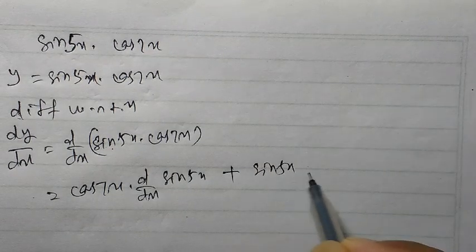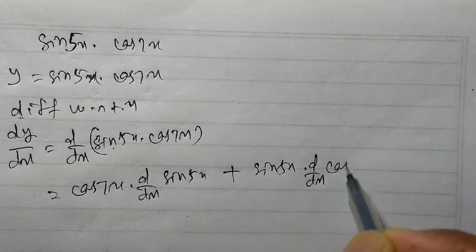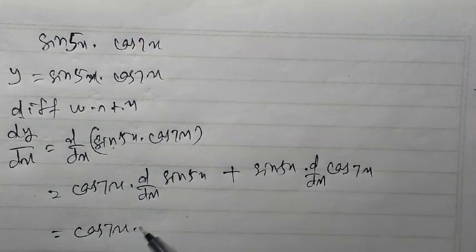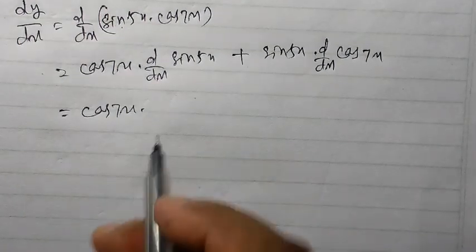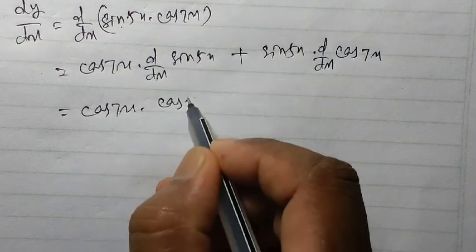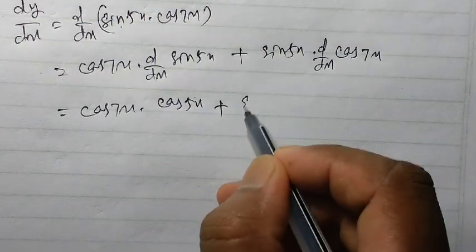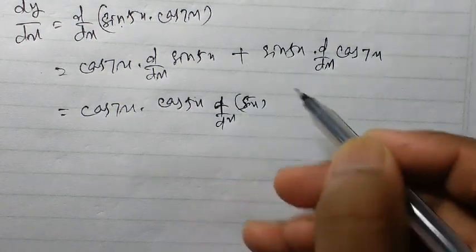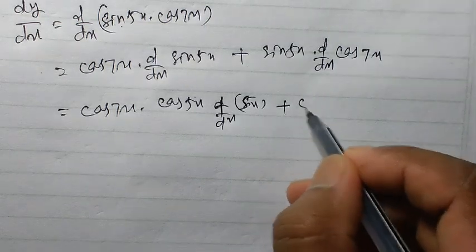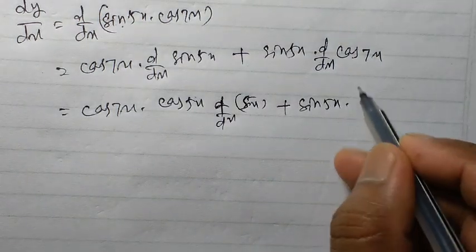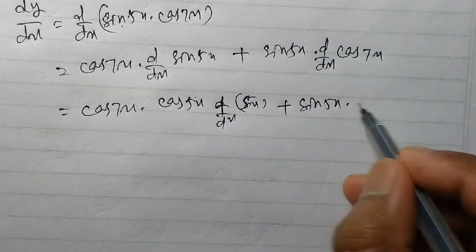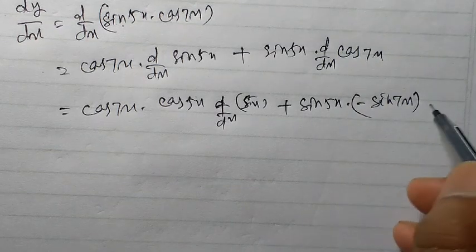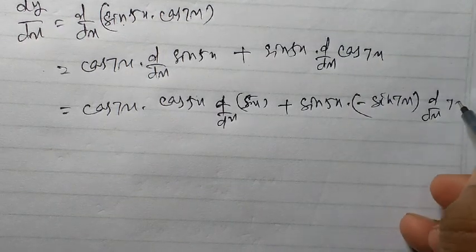sin 5x d by dx of cos 7x. This is equal to cos 7x times the derivative of sin 5x, that is cos 5x, and again the derivative of 5x, plus sin 5x times the derivative of cos 7x, that is minus sin 7x, into the derivative of 7x.